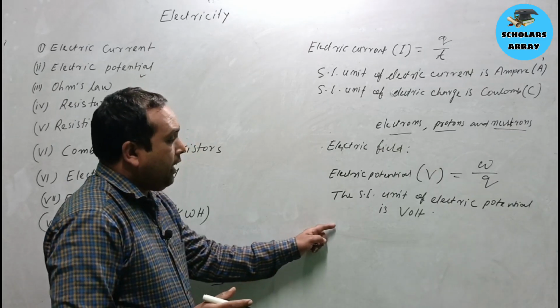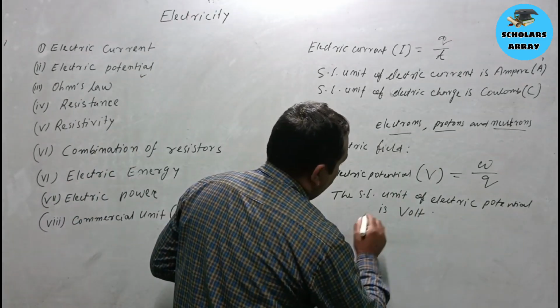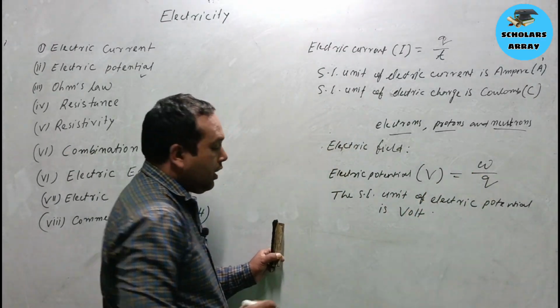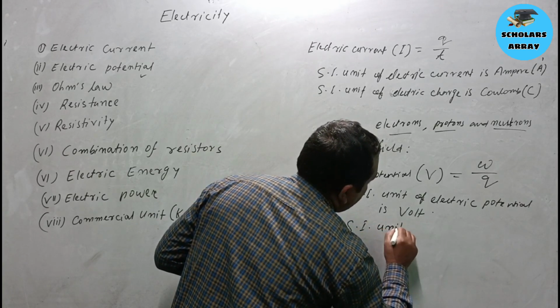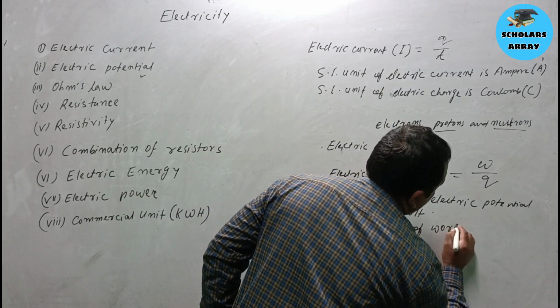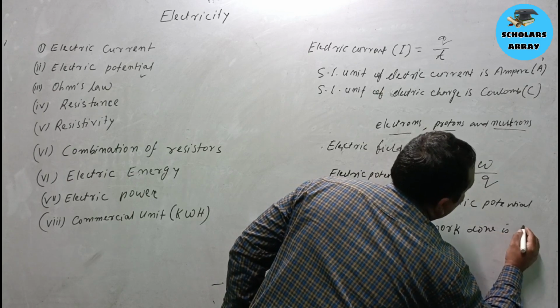So now let us define 1 volt. So SI unit of electric potential is what? Volt. Now SI unit of work done is joule.